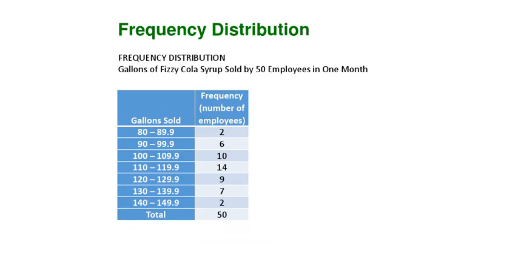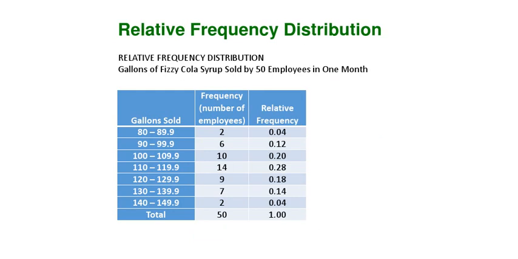We say, well, 2 employees only sold 80 to 89.9, and 6 sold from 90 to 99.9, 10 sold 100 to 109.9 gallons, and so on down the list. This is exactly what our frequency table tells us, that most employees sold somewhere between 100 and 119.9 gallons. That's interesting, but so is the relative frequency, which I've taken each number out and divided.